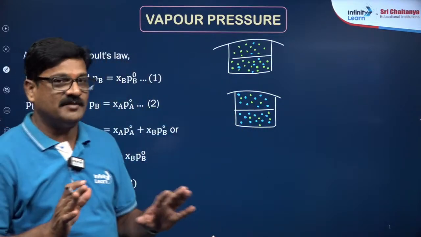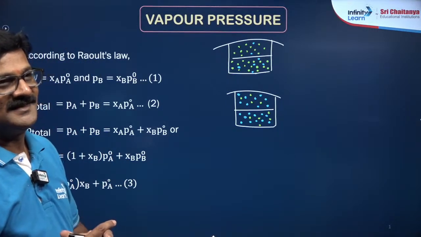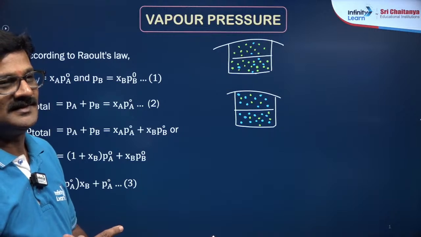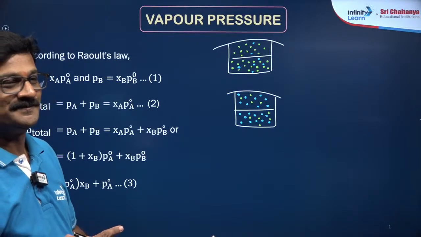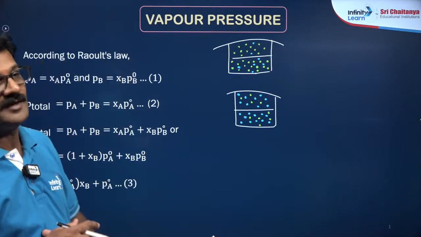What do you understand between these two? Somebody please tell me. Children. Ravinder, hello Ravinder, are you online? Okay, we are about to start your doubt. Right, what do you find the difference in these two diagrams?